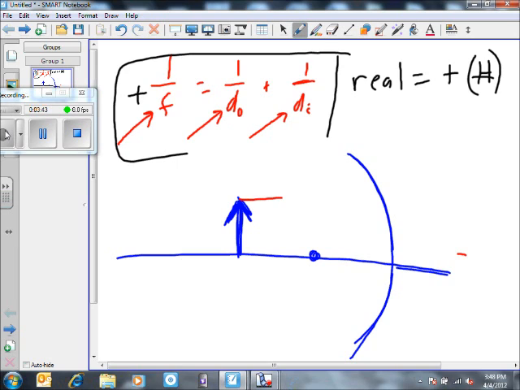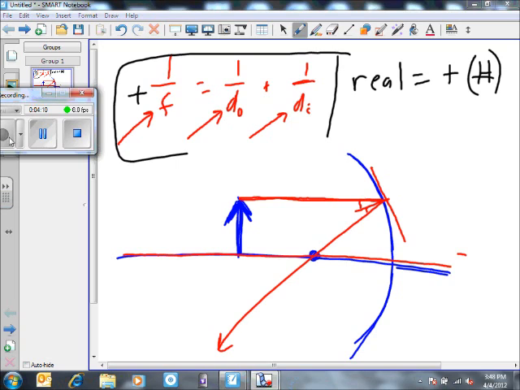The first one comes in parallel to the principal axis. This line here is the principal axis, and this comes into the mirror parallel. Then the law of reflection that we talked about ends up shooting this one through the focal. Now, if my geometry was perfect, you would notice that these would be the exact same angles. But the cheat is to shoot it through the focal, because we know that's what actually happens if the geometry is correct.